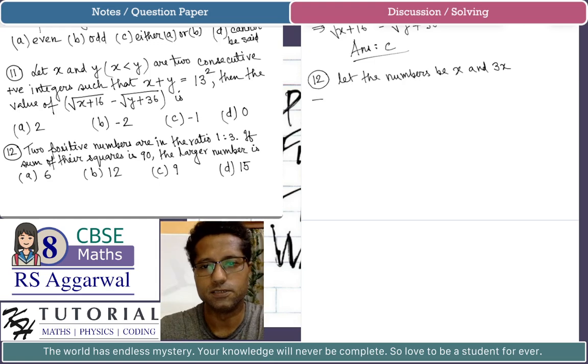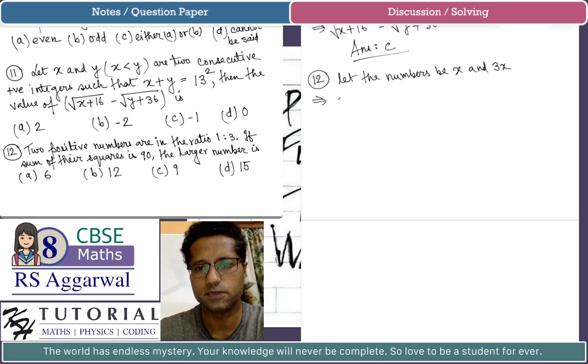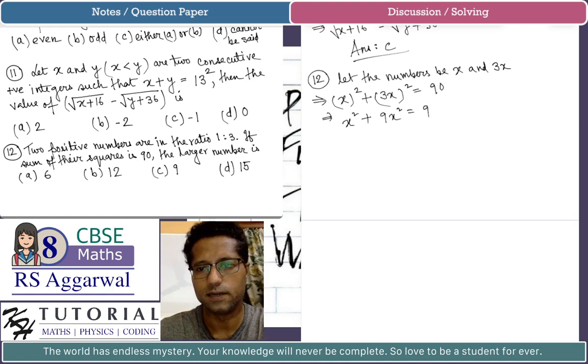It is given that the sum of the squares is 90. This means x square, the square of the first number, and the square of the second number, (3x) square, is equal to 90. So x square plus 9x square is equal to 90.